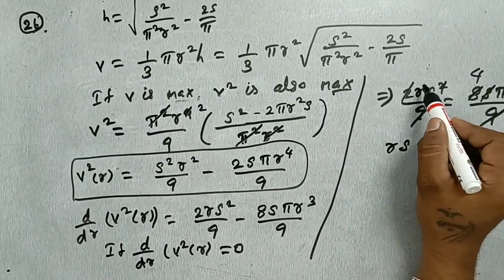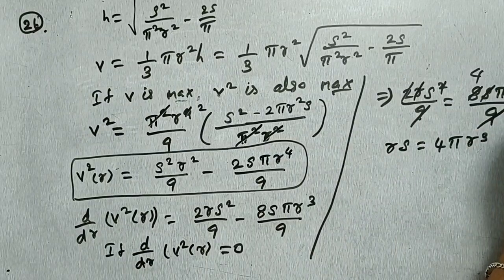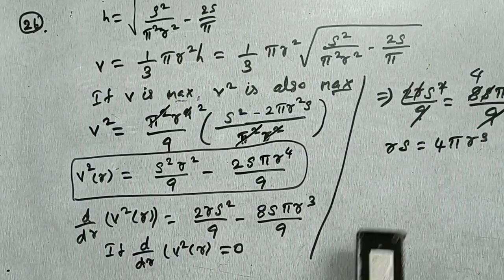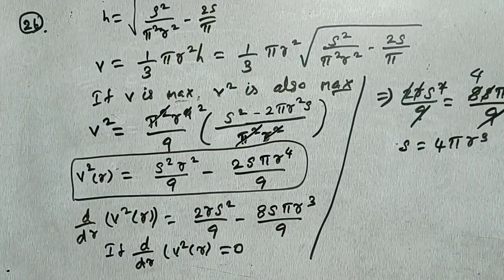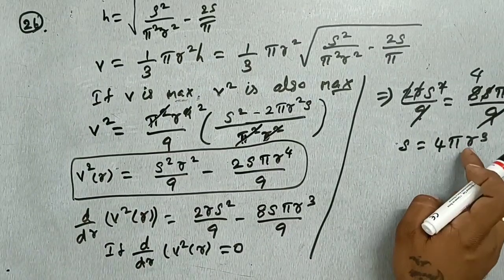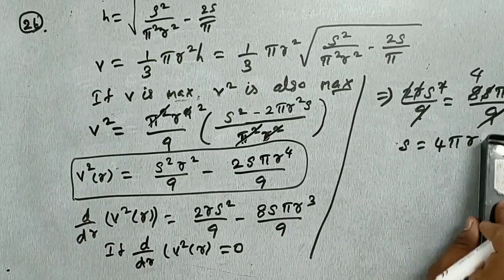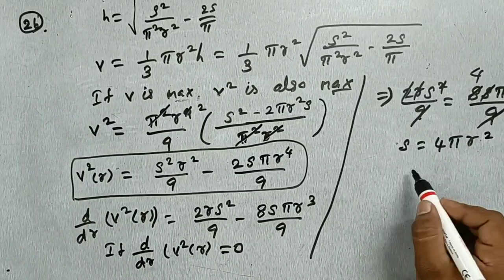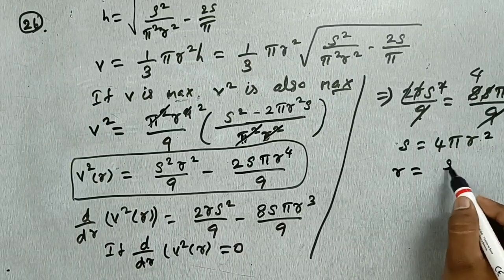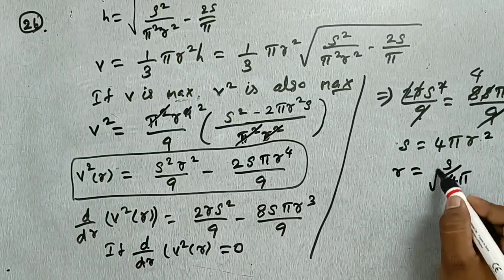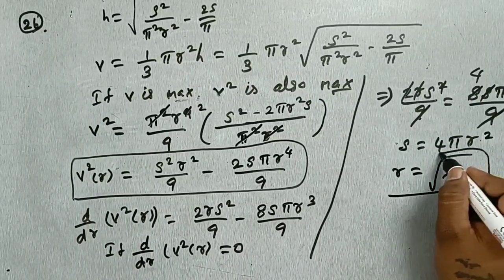One more R also we can cancel. R cancelled means we will get R square alone. So on the left side S equals 4 pi R square remaining. So from that I can find the value of R. R equals the square root of S by 4 pi. This is the critical point for us.